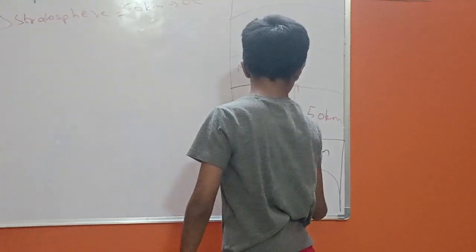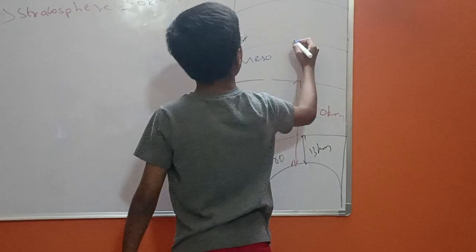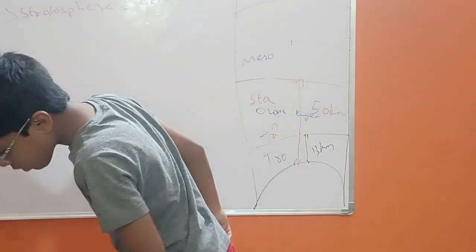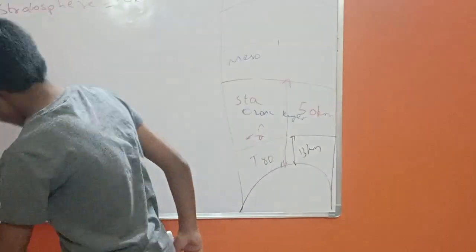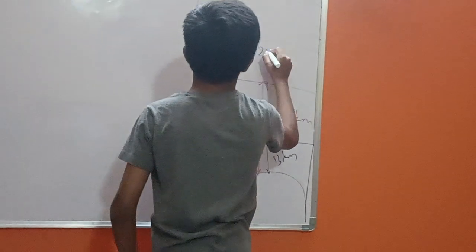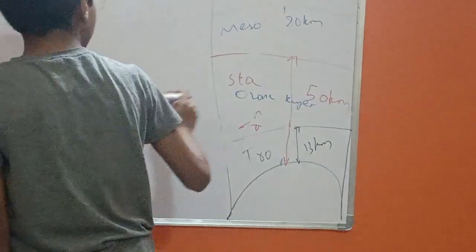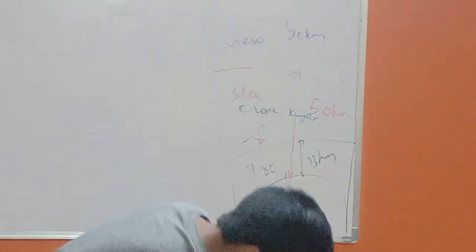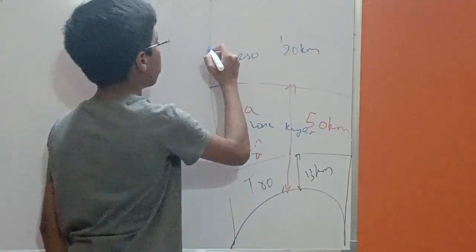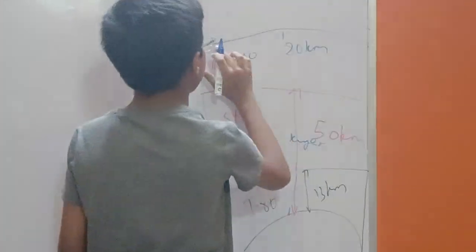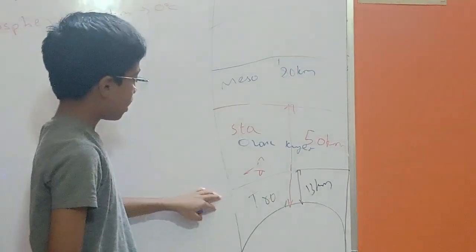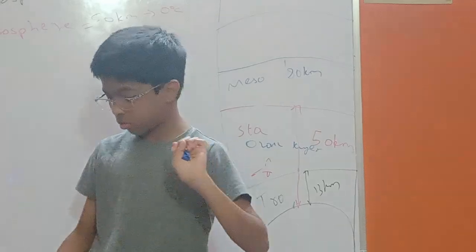From the Earth's surface, from here to here, it is 80 kilometers of height. And the layer just above the mesosphere is known as the mesopause. Like the tropopause, this is the mesopause.